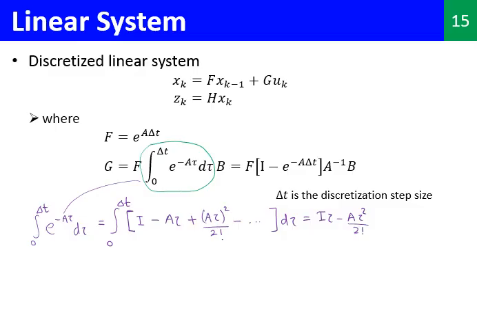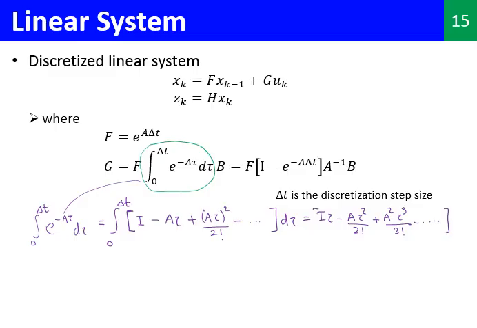I wrote it as factorial anyway, and in the next term we have A squared, and this will become tau cubed over 3, and with the remaining 2 factorial this will become 3 factorial, minus and so on.